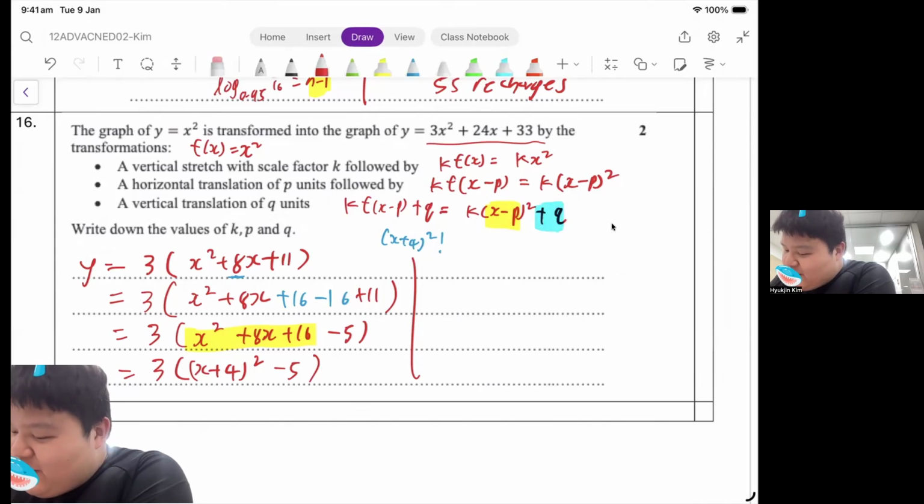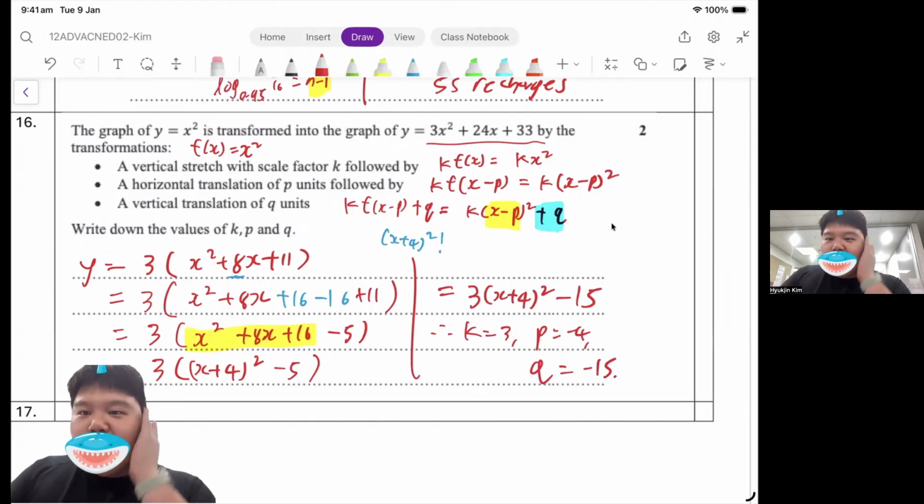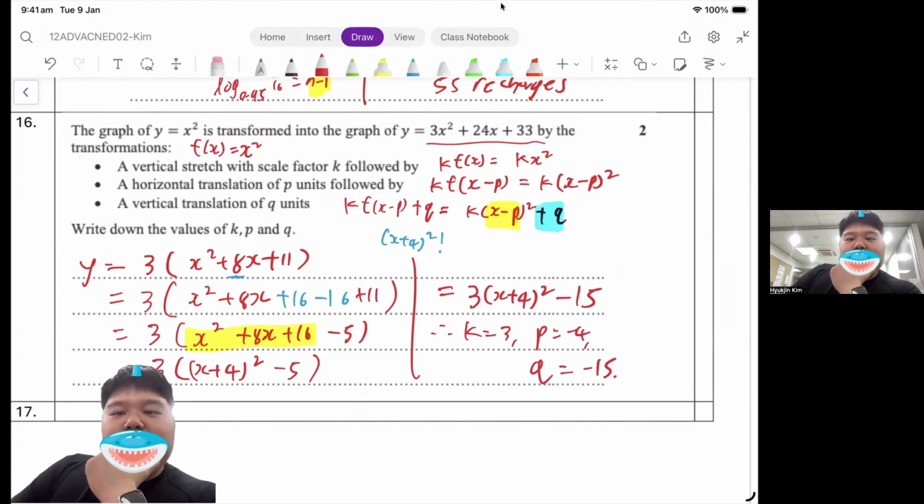So I need to say 3 times x plus 4 squared minus 15. Therefore, k equals 3, p equals negative 4, q equals negative 15. Yep. All right. I don't know how long it took me, but I hope it turned out okay. So yeah, study hard. Boom.